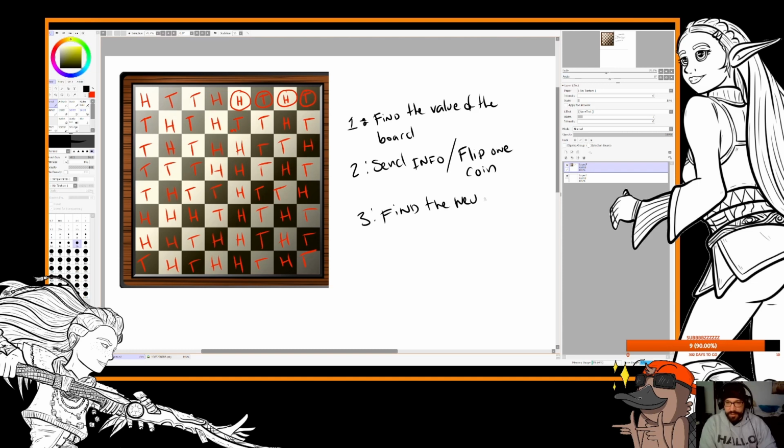Find a new value. And this new value will tell us where the key is. And these were the steps that you have to do. It's easier said than done, right? But this is kind of the strategy I was going for. And now we're gonna go with my super complicated method.